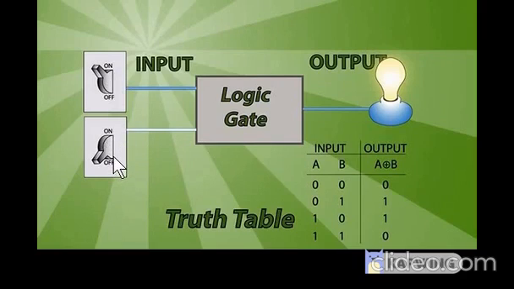So based on a variety of input values I can apply to this logic gate, we can form a table. This table is called a truth table. It has all the possible values of input, and based on those values, the output of a certain logic gate is also given in this table.